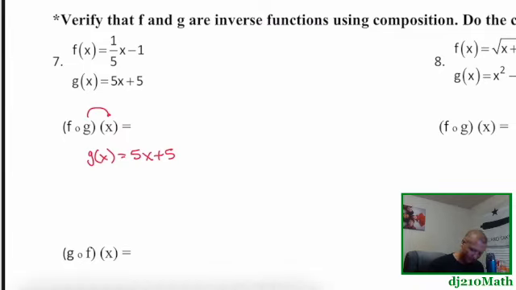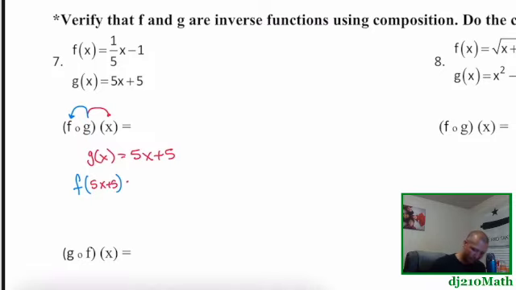Now, we take g and we plug it into f. So that means the input is going to be g of x. But g of x is what? 5x plus 5. Right, I'm plugging in g of x into f.